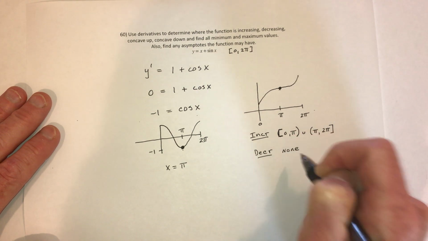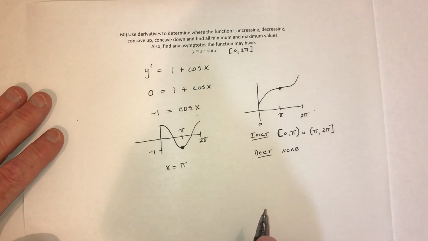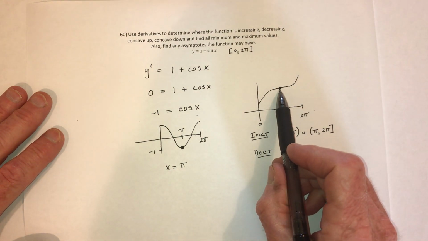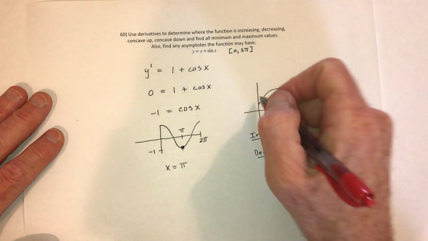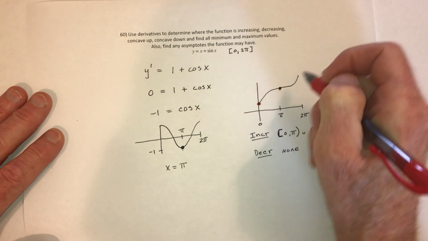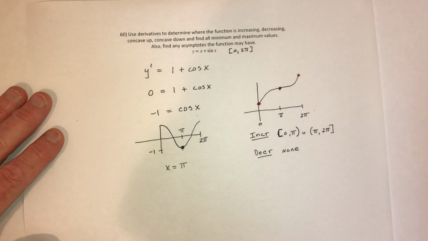For decreasing, does not apply. There's none. It's not decreasing. And as far as minimums and maximums, this is neither a minimum or a maximum, so we're just going to have to go with the endpoints. This is the lowest point of the graph, and this is the tallest part of the graph.